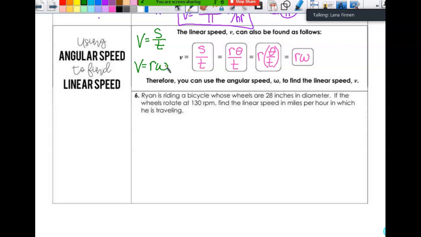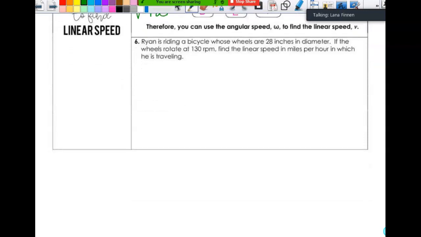All right, so Ryan is riding a bicycle whose wheels are 28 inches in diameter. That means r equals 14. If the wheels rotate at 130 RPM, I want the linear speed in miles per hour. Since I'm going to use velocity equals r omega, I'm going to need to find omega.